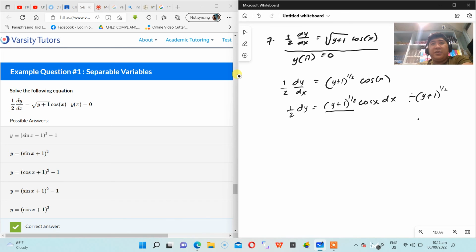So, from there, we could divide it. So, we have 1/2 dy divided by y plus 1 raised to the power of 1/2, equals y plus 1 raised to the power of 1/2 cosine x dx over y plus 1 raised to the power of 1/2.